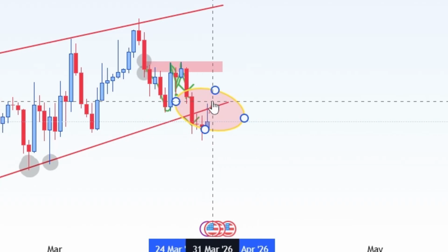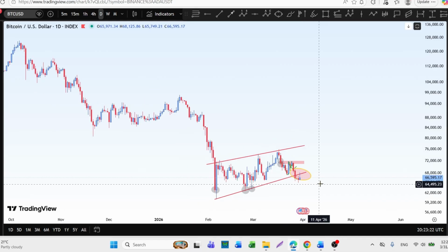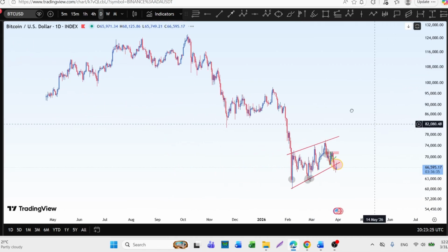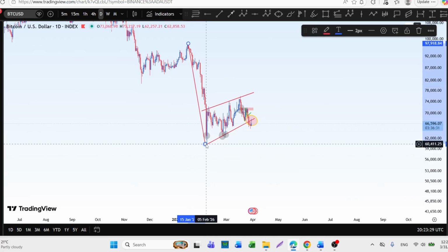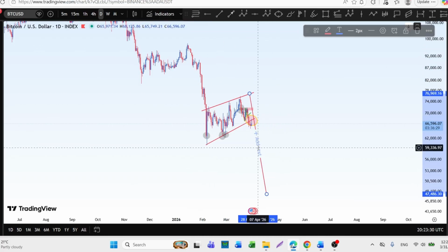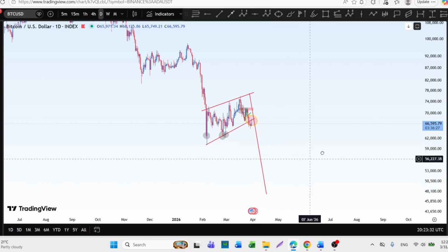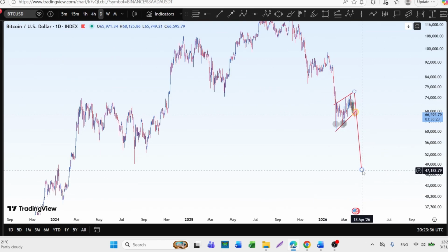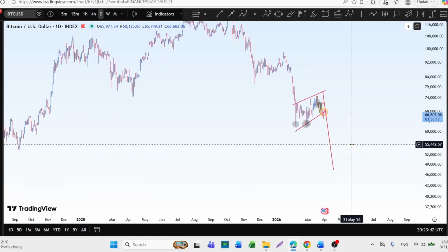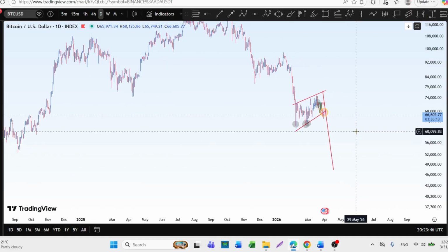We are getting rejected by this trend line, and once we get rejected, things can get really ugly. So the technical target can go as low as 47k. 47k could be your bottom, since it coincides with this level down here, and this is what can happen.